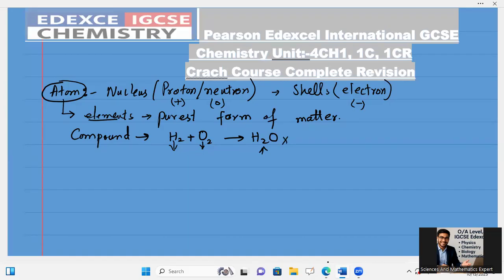It is used to put off the fire. So a compound is such a species: when elements combine chemically, they form a new compound, a new species, which has totally different characteristics from its original parent atoms.